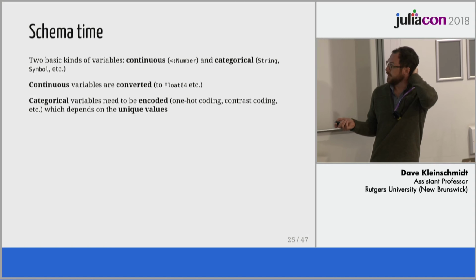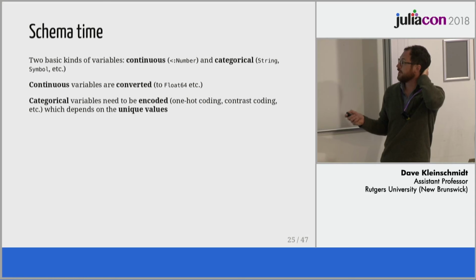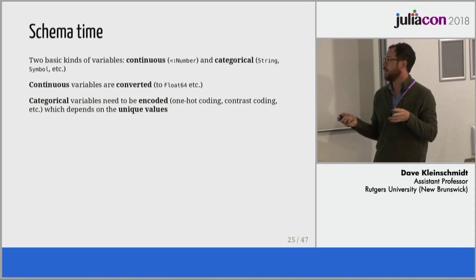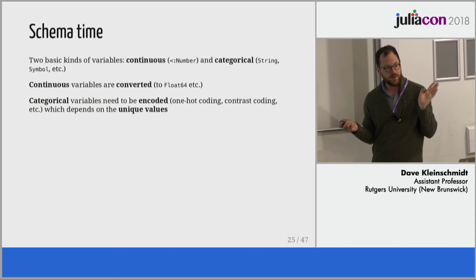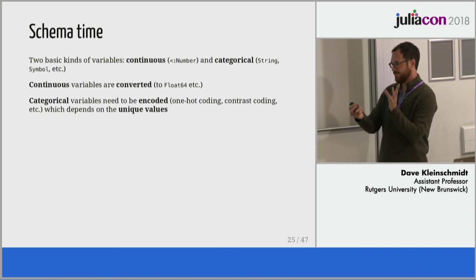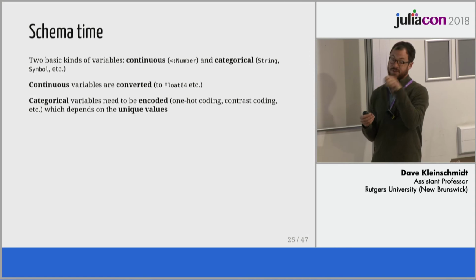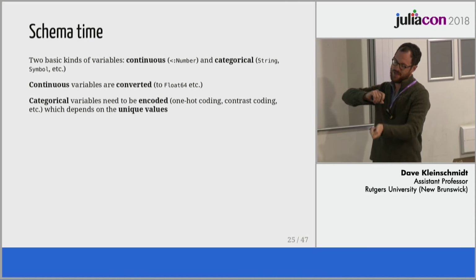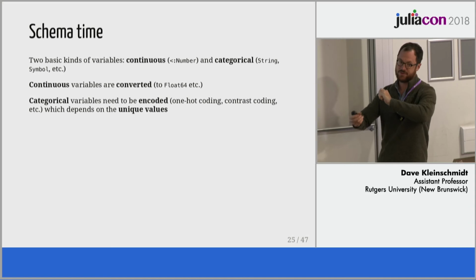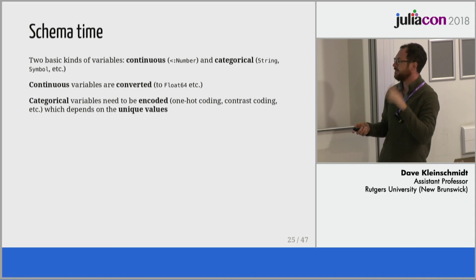And categorical variables need to be encoded, right? If you're familiar with ML stuff, you might call that one-hot coding. If you're familiar with regression, you might talk about contrast coding, where instead of just dummy variables, you can generate columns that represent certain average responses relative to certain baseline levels, things like that, right?